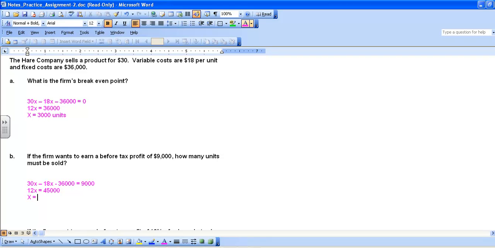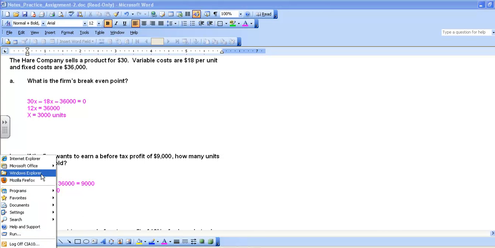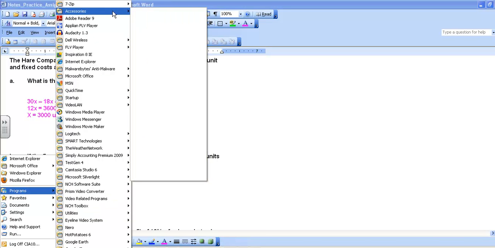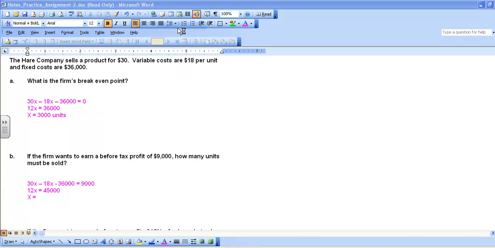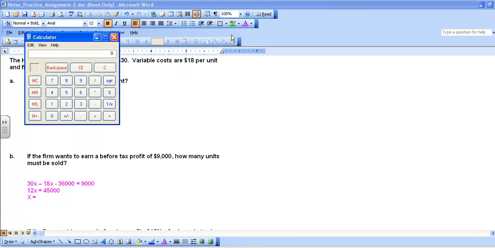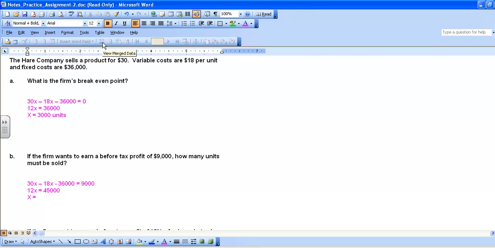X equals, I have to get out my calculator. So 45,000 divided by 12, 3,750. 3,750 units need to be sold.